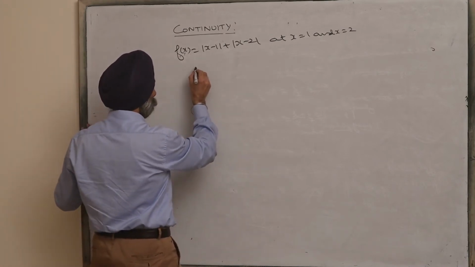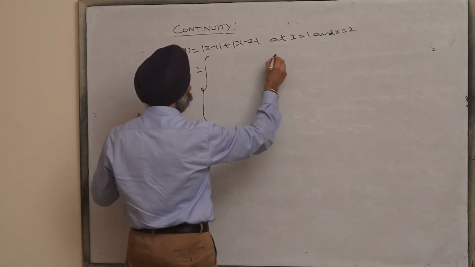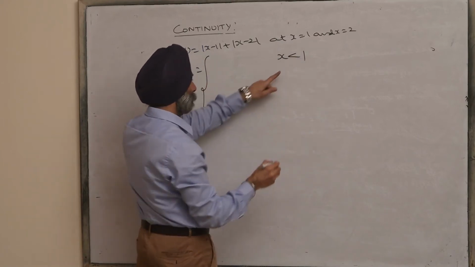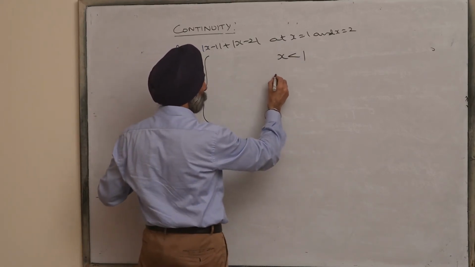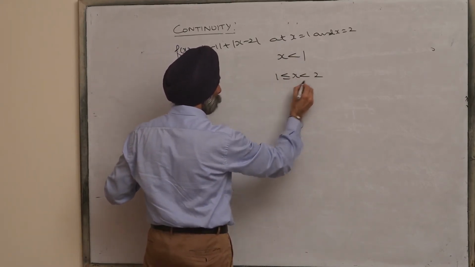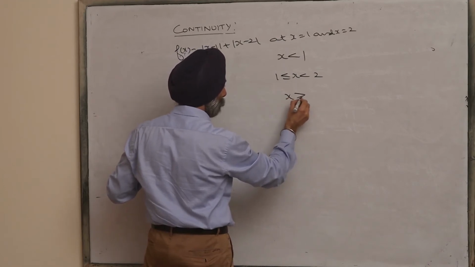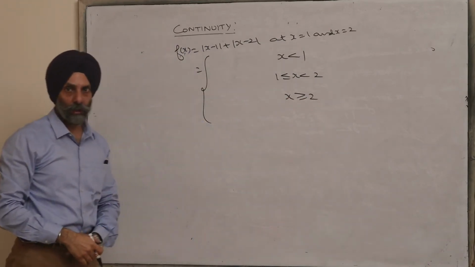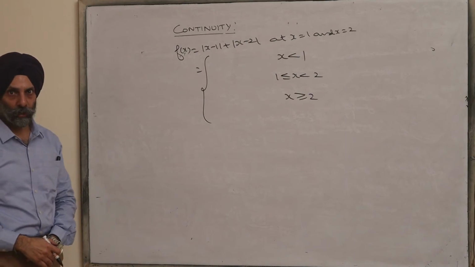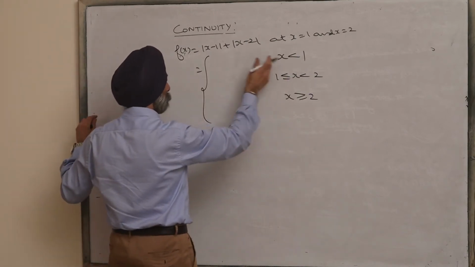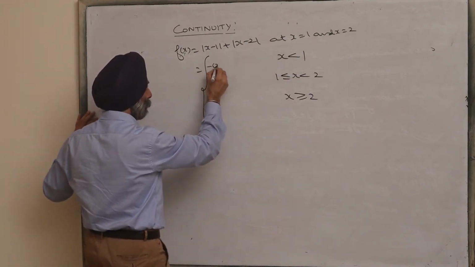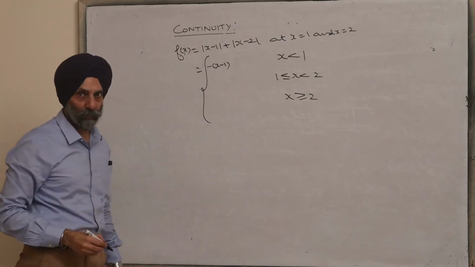Now, first case is, we will consider the case when x is less than 1. Second case is when x belongs to 1 to 2. And third case is when x is greater than or equal to 2. When x is less than 1, we know that mod of x minus 1 is minus of x minus 1.